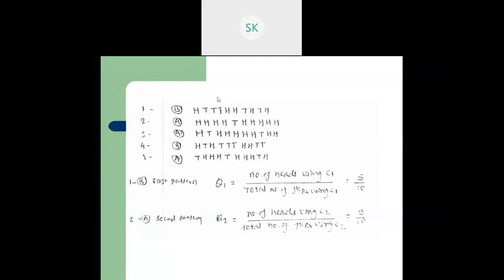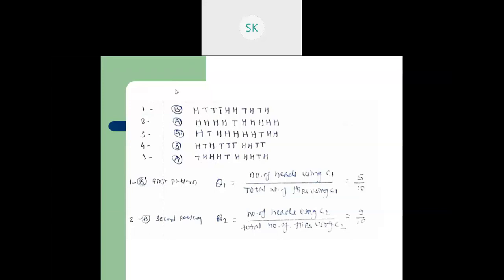Here is the same table pasted again. Now with respect to B, the first pattern, that is theta 1. We are calculating the probability of getting heads with coin C1, and our C1 coin is named B here.